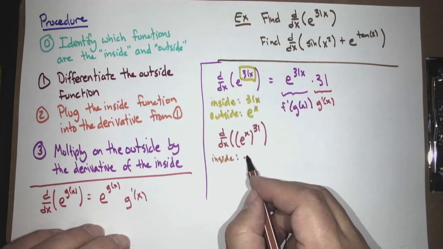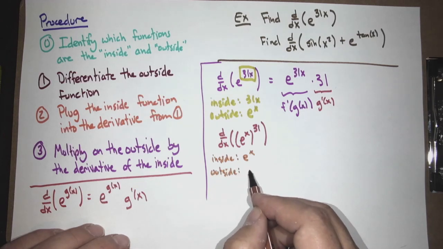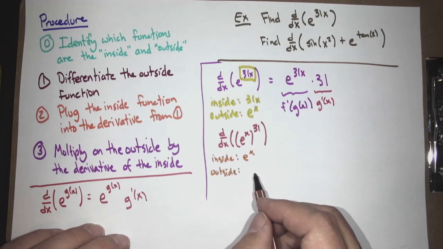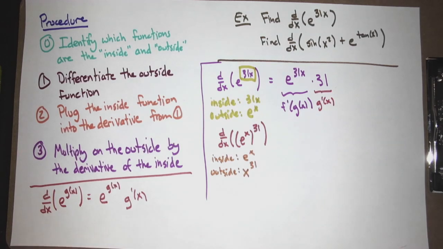The inside function is e to the x. What's the outside function? Yeah, something to the 31st power. Okay. Huh. Well, that's weird. Doesn't look the same. Will we get a similar answer, though?